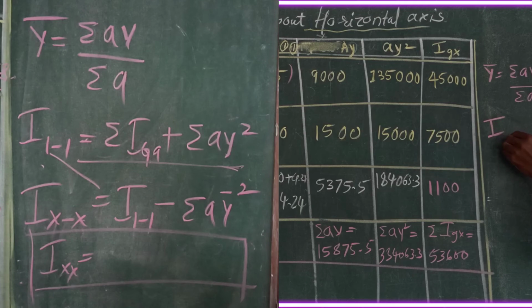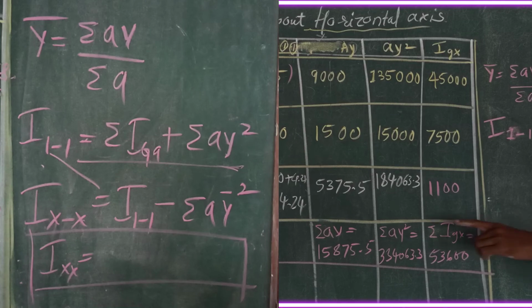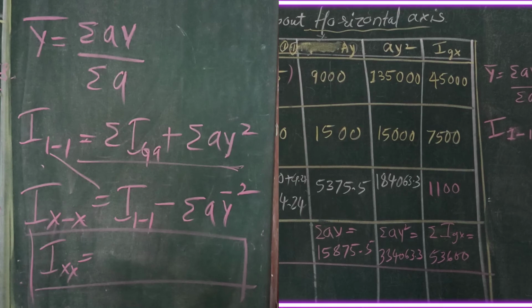First we will calculate it along the reference line 1-1, which is equal to the sum of the moment of inertia of the different segments, that is sum of Ig, plus the sum of a y square.